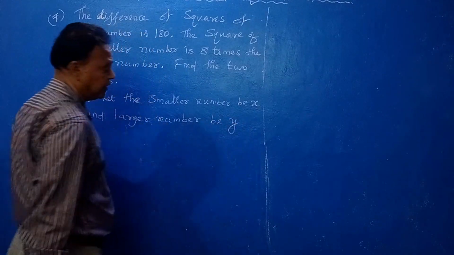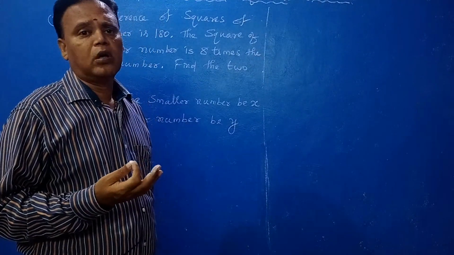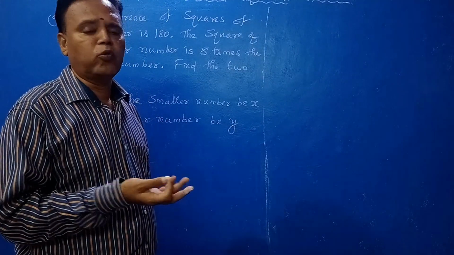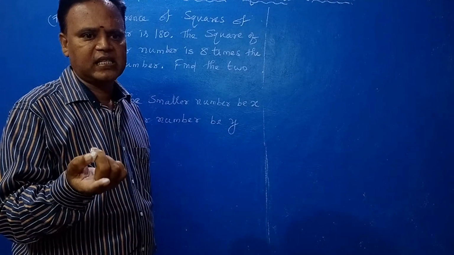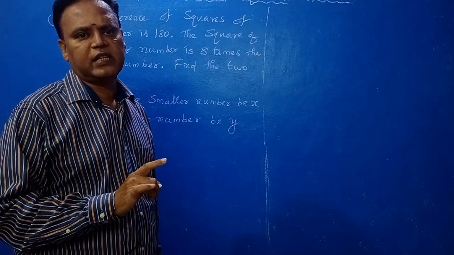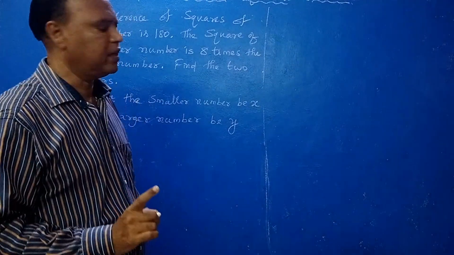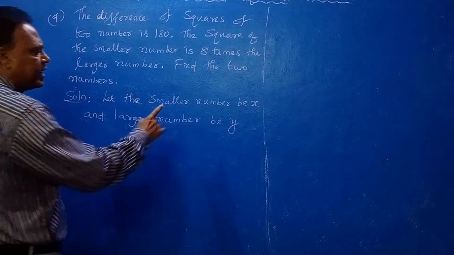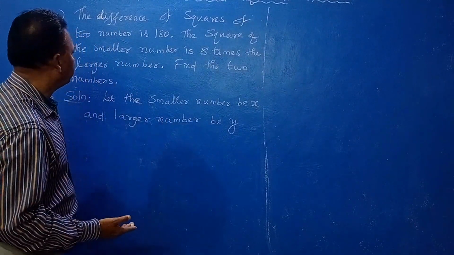Here you have to use two variables. When you use two variables, you can convert into one variable, because a quadratic equation should have only one variable, either x or y. You can take two variables, but later on you change it into one variable.